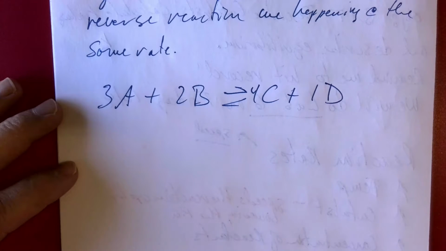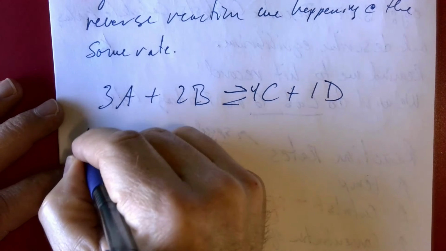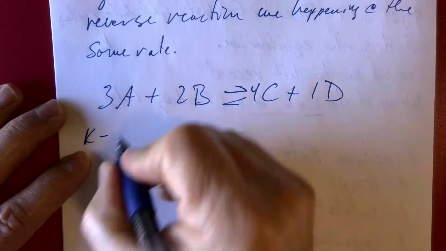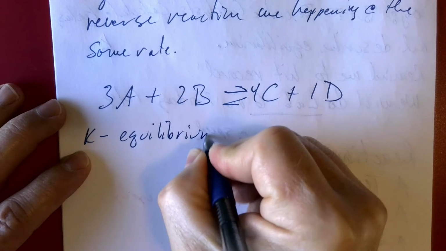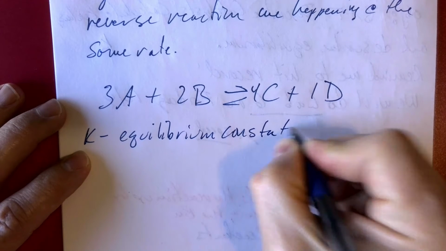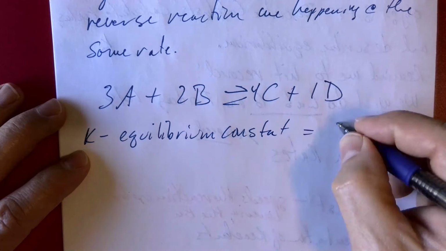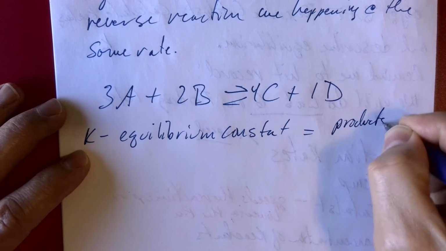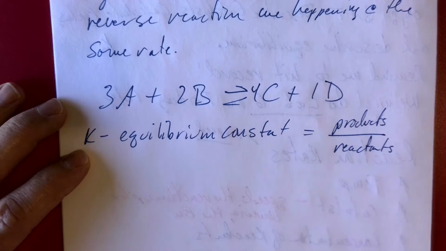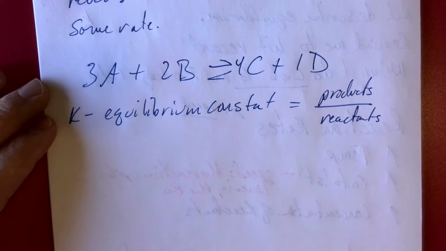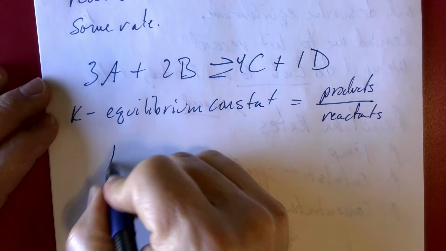Now, what they're going to do is they're going to introduce you to what is called K. K is what is known as the equilibrium constant. Okay? And it is the products over the reactants. But it's in a very specific way. Okay? It's going to look like this.